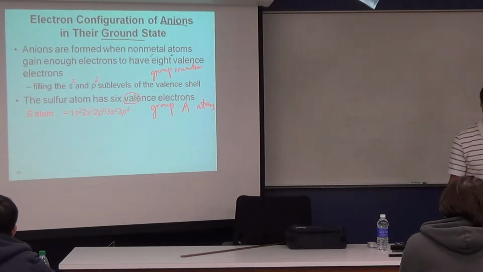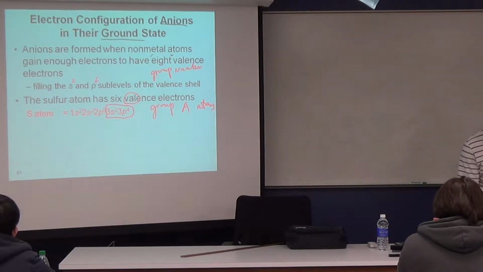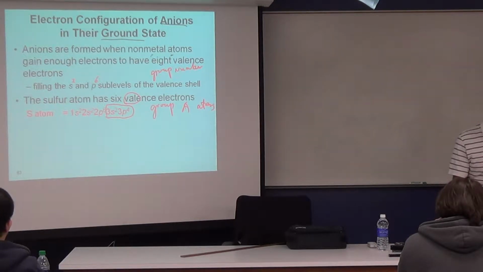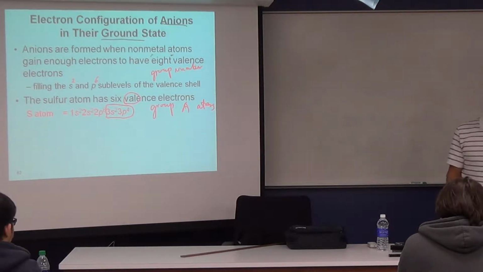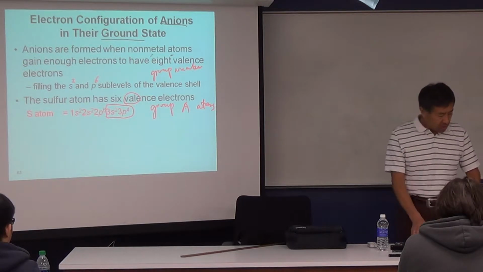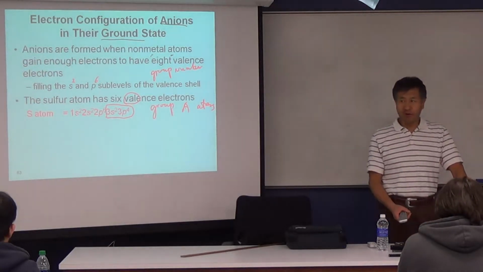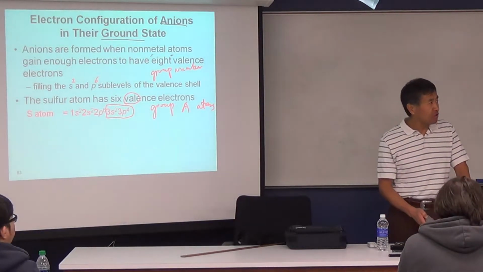So that's the result. Right. So this 6 valence electrons obviously is not the same as the nearest noble gas. The nearest noble gas for sulfur will be argon.